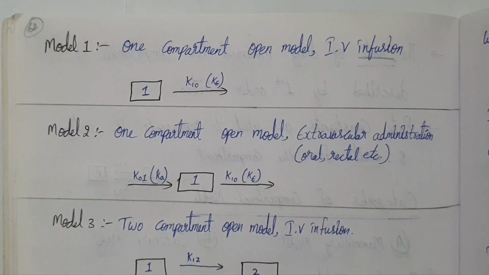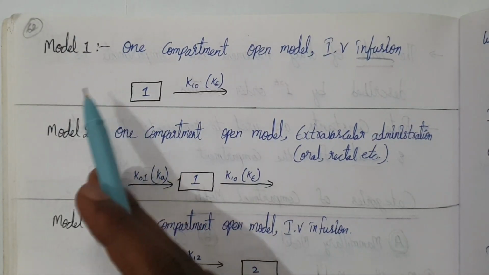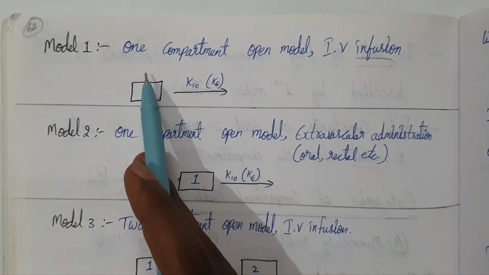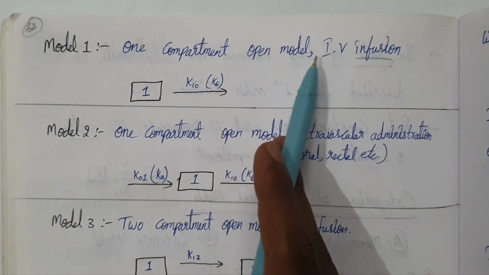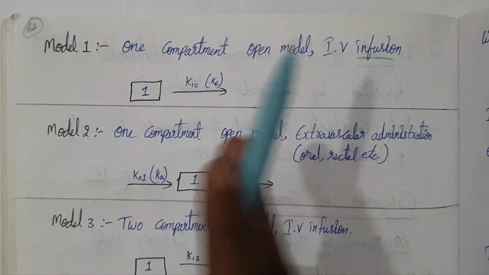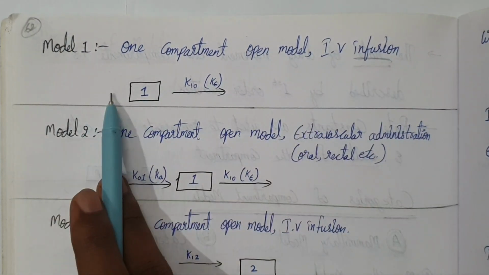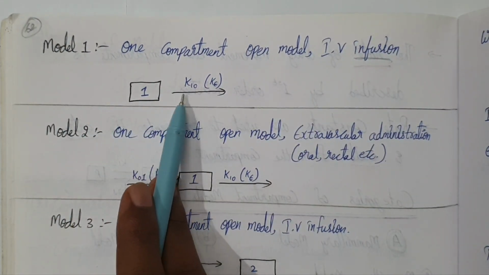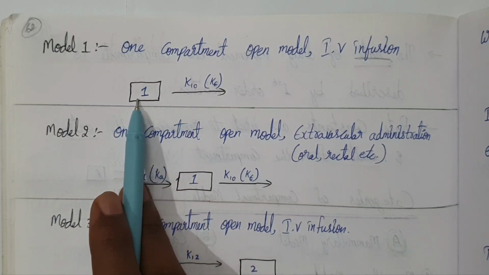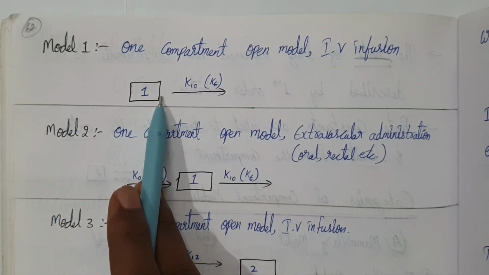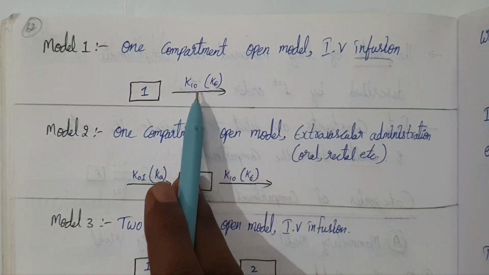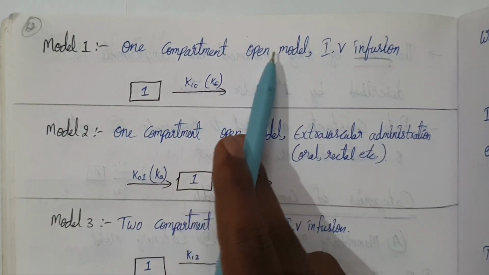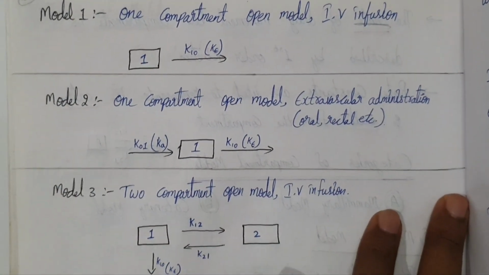Let's see these models. First one, model number 1, is the one compartment open model with IV infusion. If it's infusion, there is no absorption, only elimination. So this is our central compartment. From the central compartment the drug is eliminated, as it is an open model.